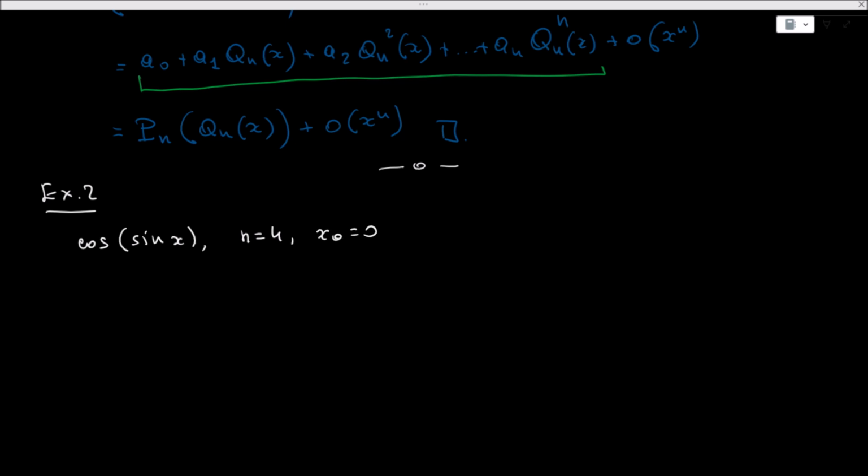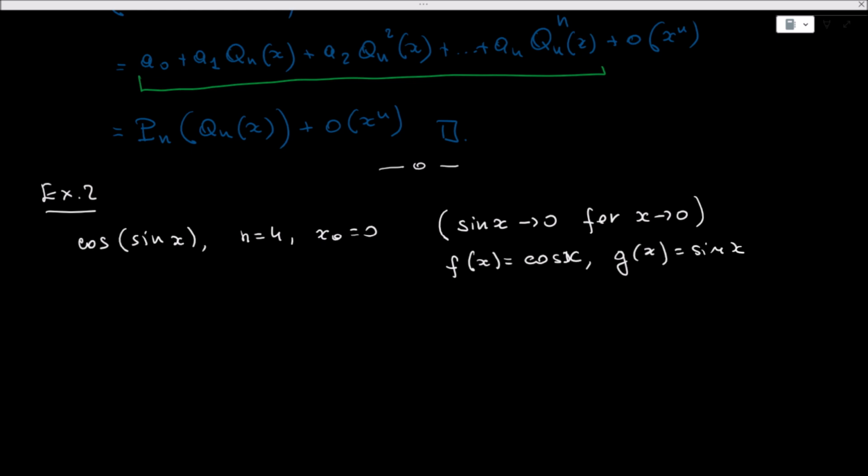And notice that we can do this just because sine of x goes to 0 for x that goes to 0, right? So this was the condition on the g function. In fact, you see that f of x in this case is just the cosine of x, and g of x is sine of x.